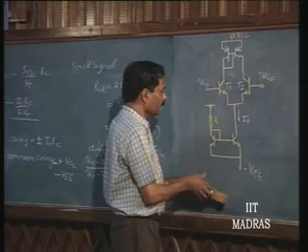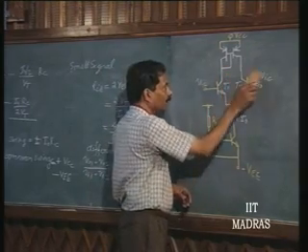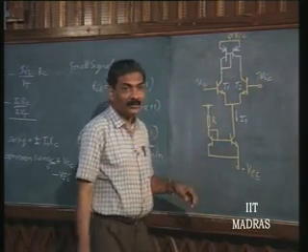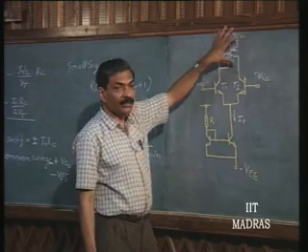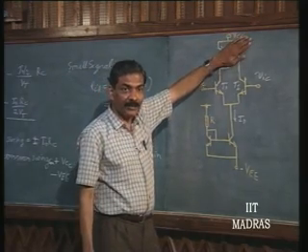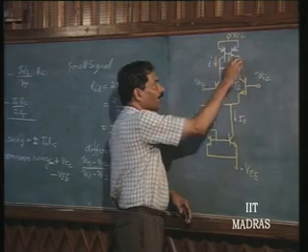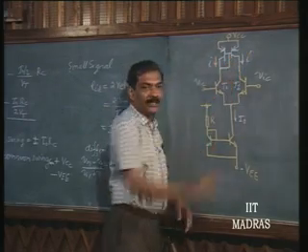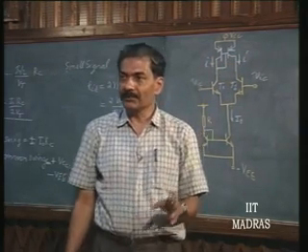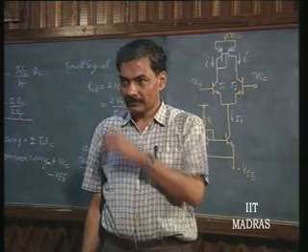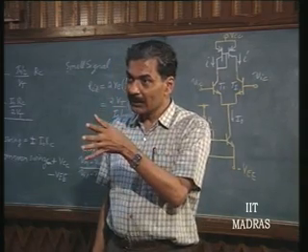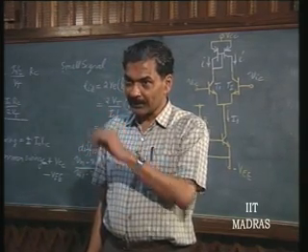Please remember here that this is not the same as two equal resistors. I am putting a current mirror here. So, the current in this I and the current in this will always remain the same, always. Even when the signal comes, it should not get disturbed.